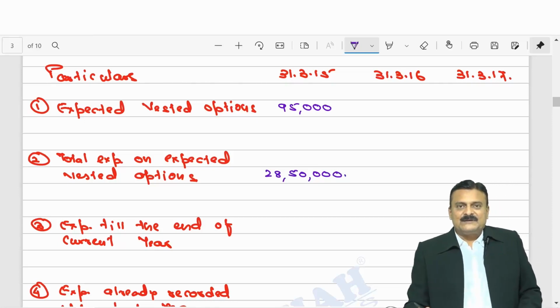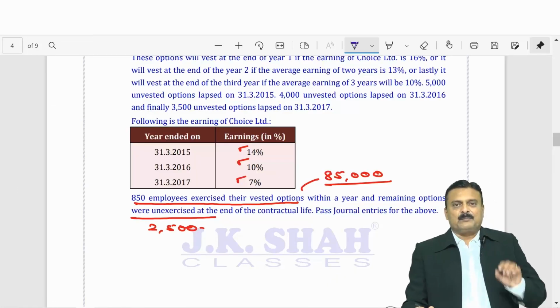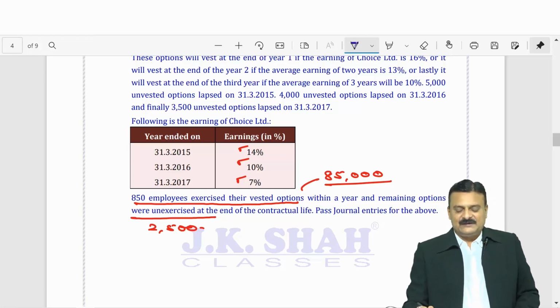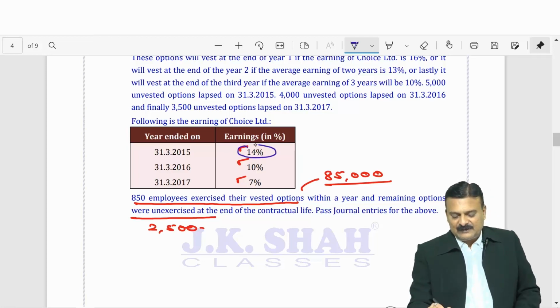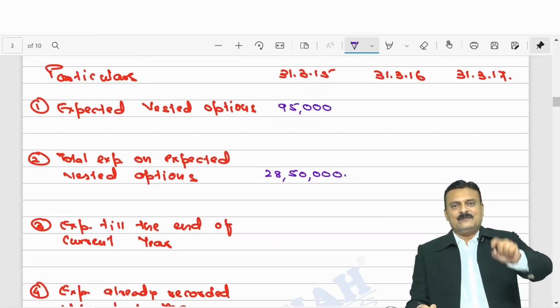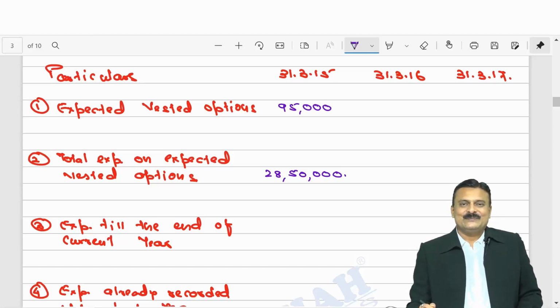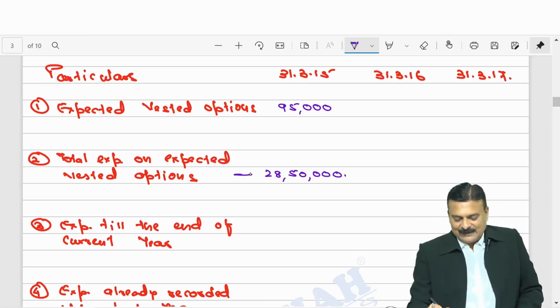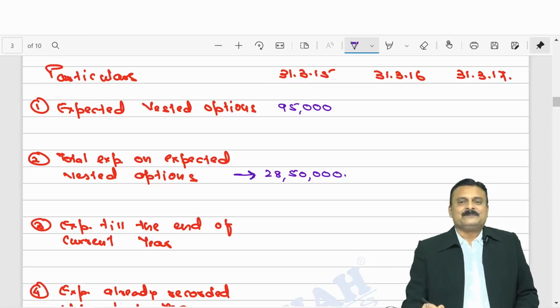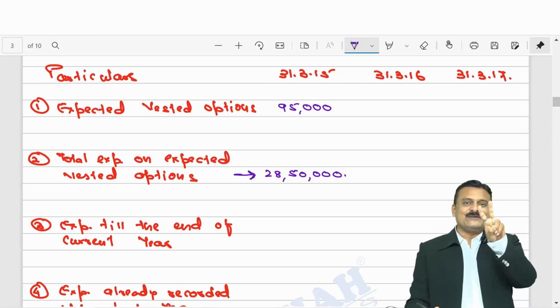Now confirm whether the condition was satisfied in the first year or not. What was the condition? That profitability in the first year should be 16%, but no, first year profitability is 14%. What does this mean? At the end of the first year, you are sure that the vesting period cannot be 1 year. It is minimum 2 years. So this 28 lakh 50,000 is your expense for a period of 2 years, and we are in the first year out of these 2 years.